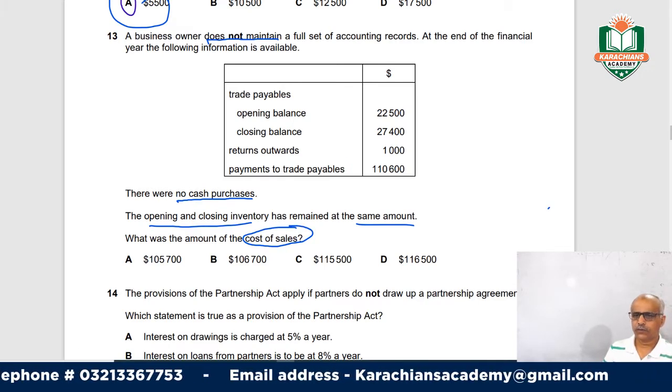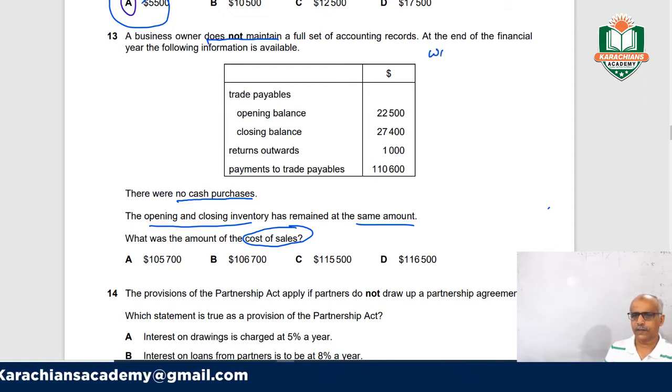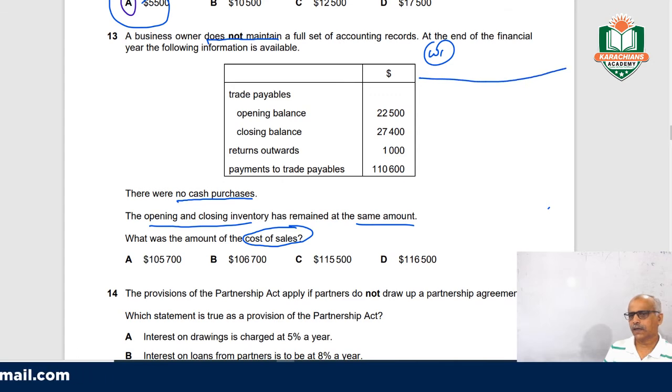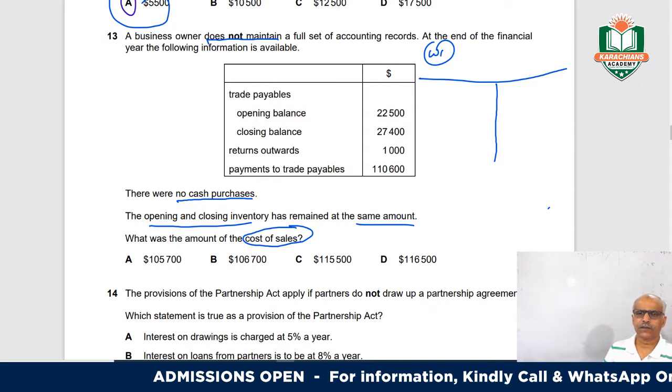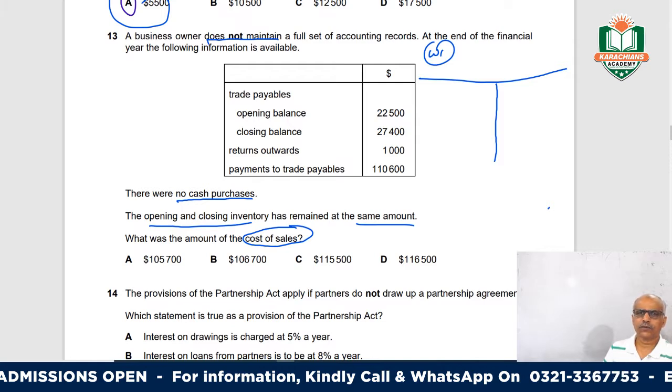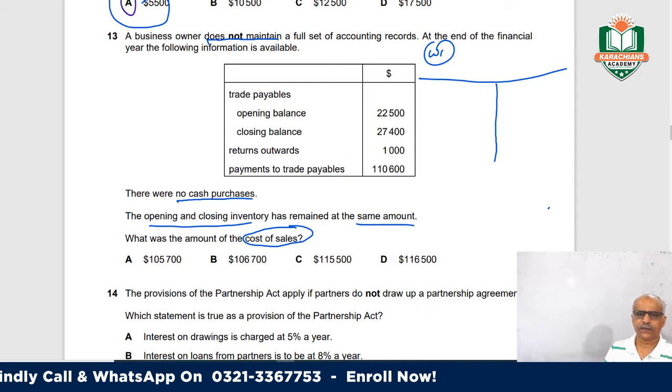So we have to calculate cost of sales. You just do one working. All the things of trade payables are given to you, and you can find out. You already have gone through the incomplete records chapter, right? So there we can find out the missing figures. The purchases are not given here, but we can easily calculate them.